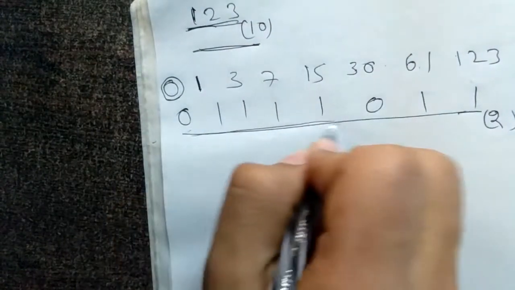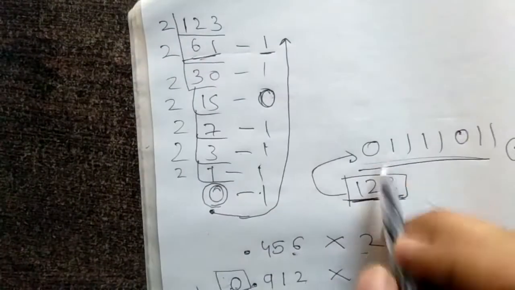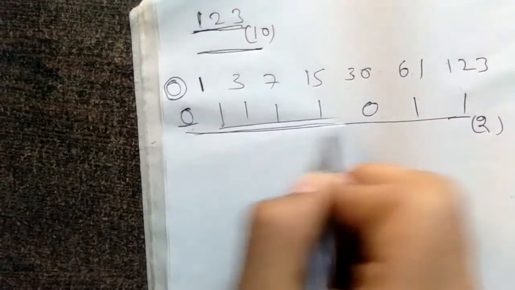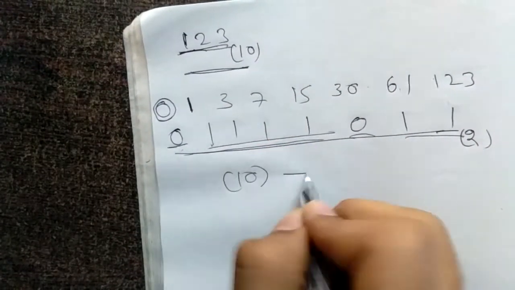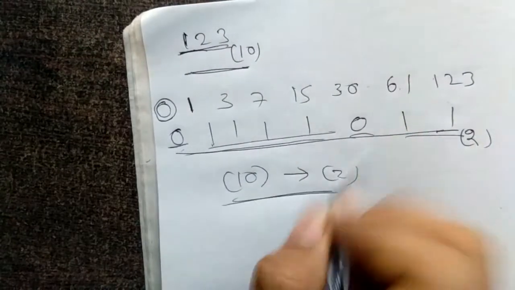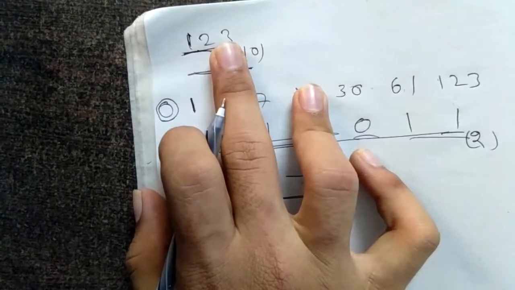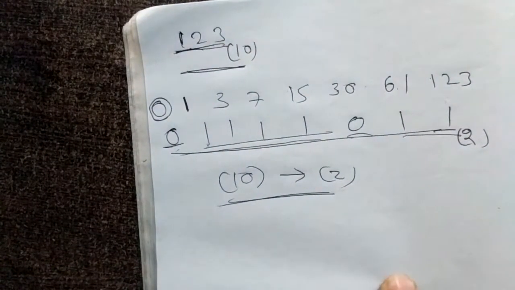This is a shortcut to convert the given number, and if you want to verify, you can. This is applicable only for completely integral numbers. This is how you convert a given decimal number into a binary number.